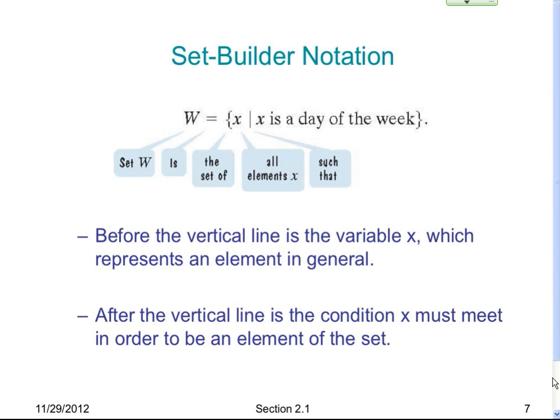So one more time, the set W is the set of all x such that x is a day of the week. This right here tells us what variable we're going to use over here. After this line right here, it describes any conditions that we have on the variable. So for example, in this case, it has to be a day of the week.